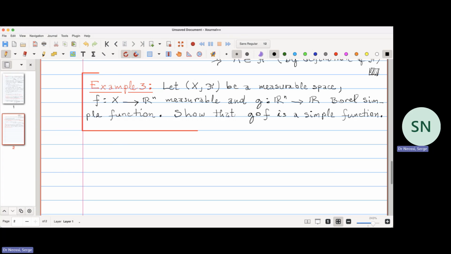Okay, so we are going to write the fact that this function g is measurable. I mean, it's a very simple function. What does that mean?